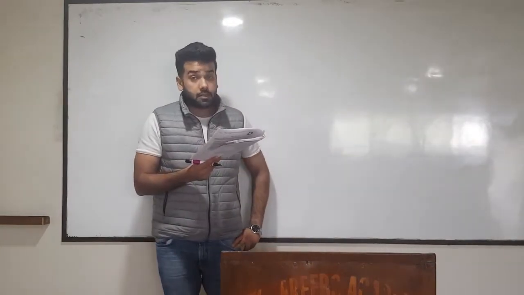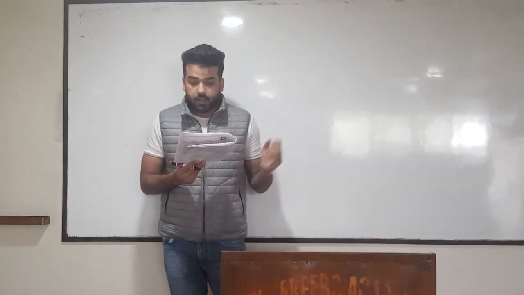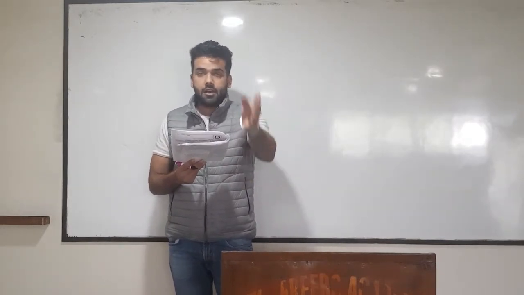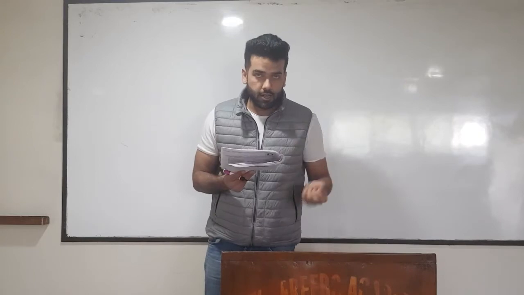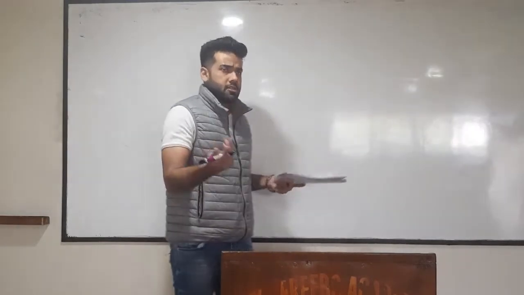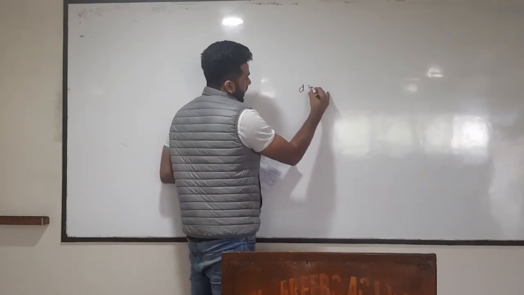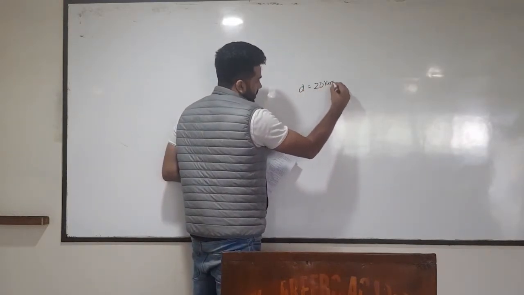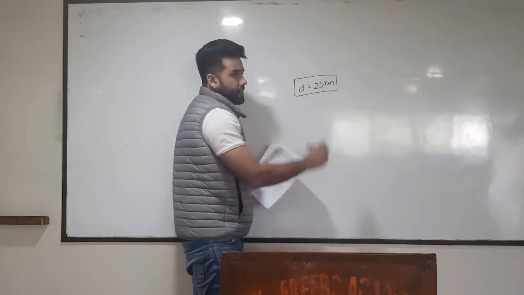Next is question 98, check in your papers. It is a thief question. A thief steals a car parked in a house and goes away with a speed of 40 kilometers per hour. The theft was discovered after half an hour. The thief's speed was 40 kilometers per hour. How much distance will he travel in half an hour? 20 kilometers. That means he has a lead of 20 kilometers.